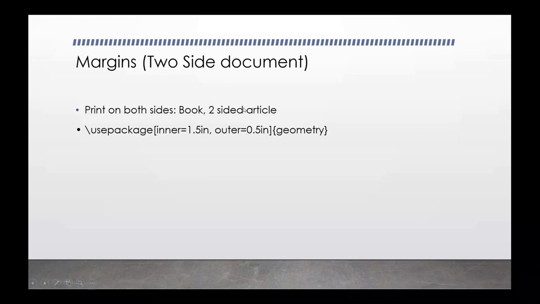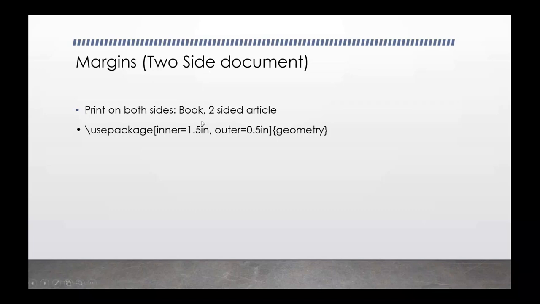So now let's see margins for two-side documents. That means print on both sides, like for a book. A book is a two-sided article. For books, margins are always different for left and right, depending on the odd and even pages. Here margins are denoted by inner and outer, so no content gets cut while binding.